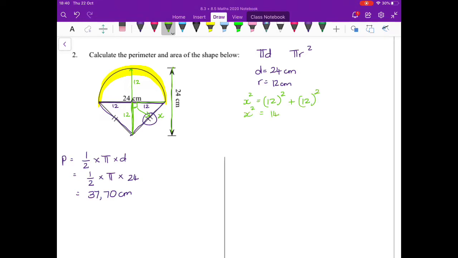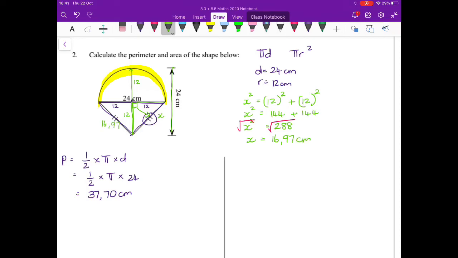So x squared equals 144 plus 144, and if I add them together, x squared equals 288. I'm working with lengths. To get rid of the square, I square root both sides, and we will get x equal to 16.97 centimeters.